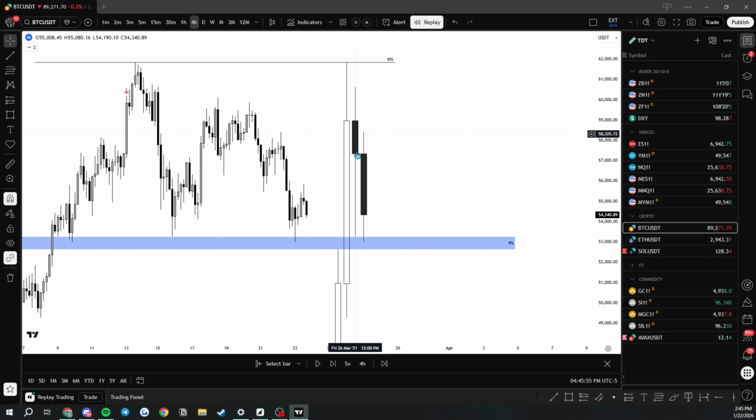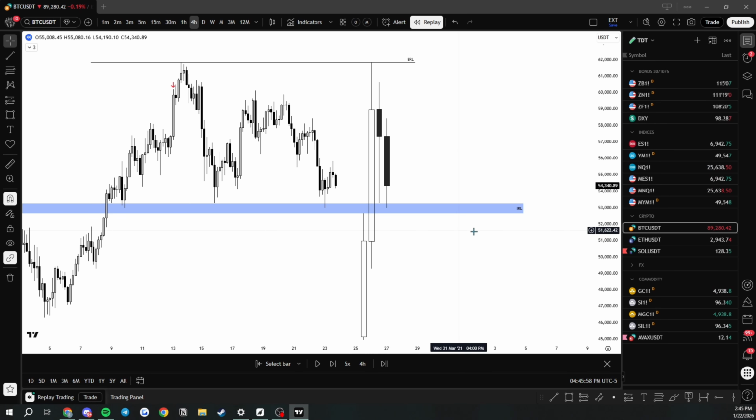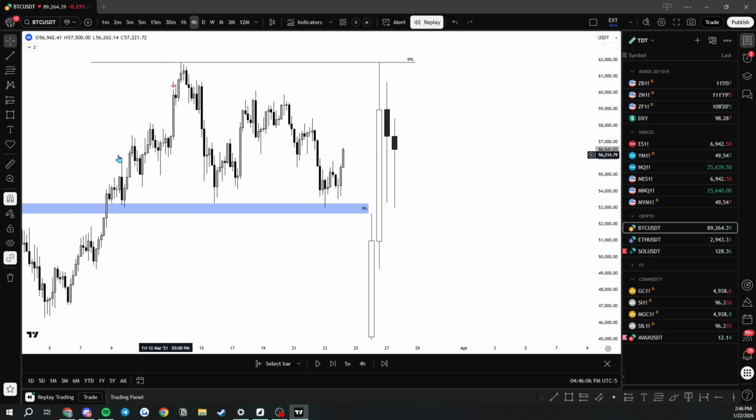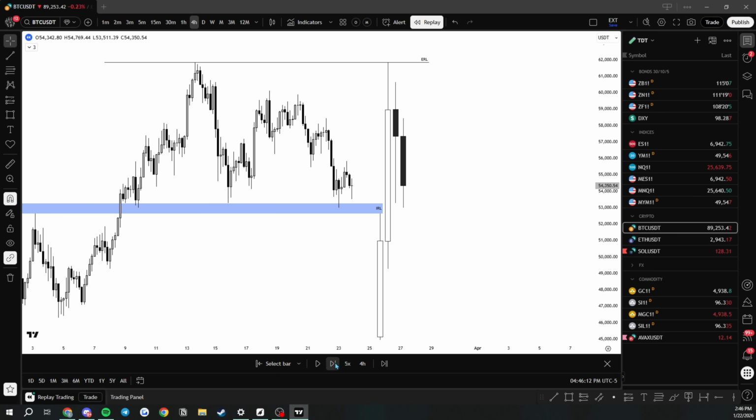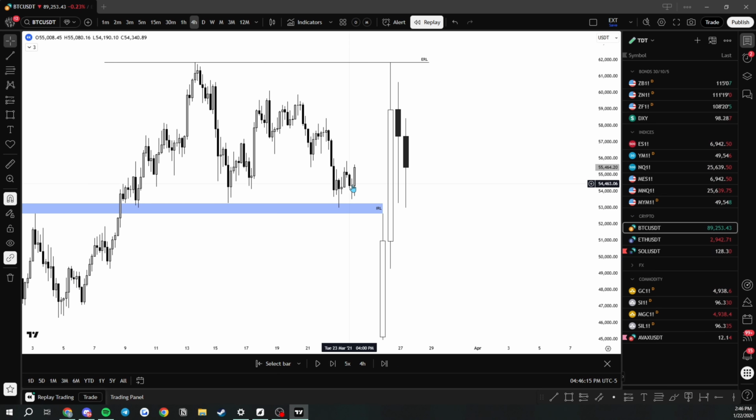Either we close inside candle 1 or we get an inversion, right? Okay, all right, there it is.